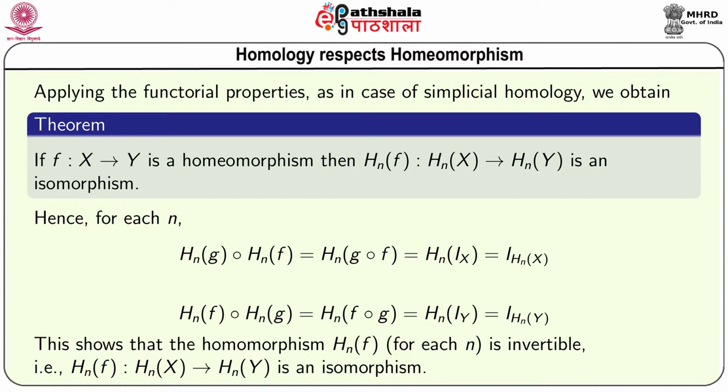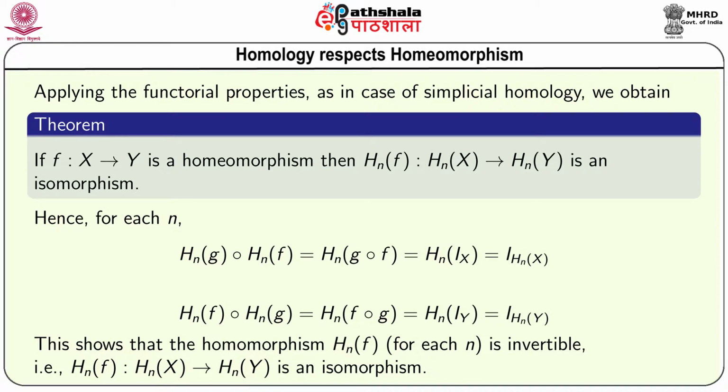The first one, that Hn g composed Hn f is equal to Hn of g composed f, is a property of the induced homomorphism. Secondly, replacing g composed f by Ix, we get Hn of g composed f is equal to Hn Ix, and thirdly, Hn Ix is equal to the identity on Hn X once again by the functorial property.